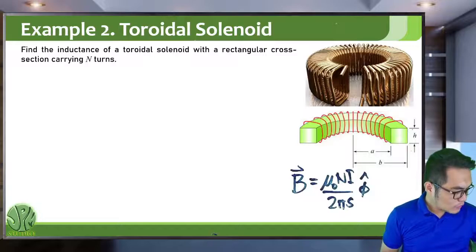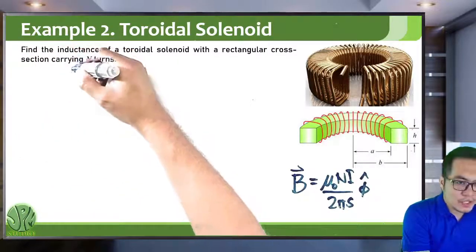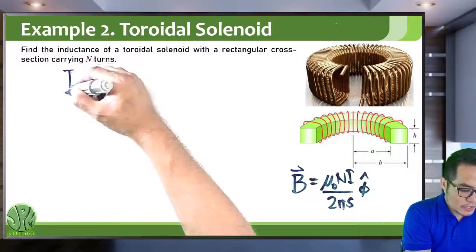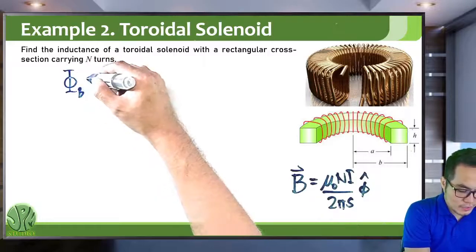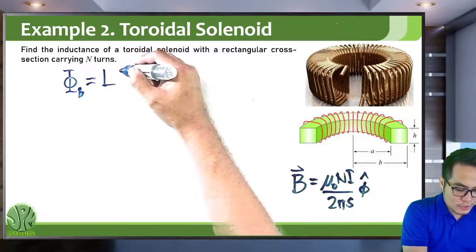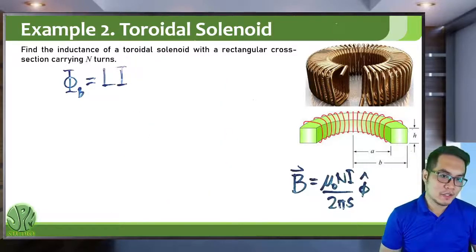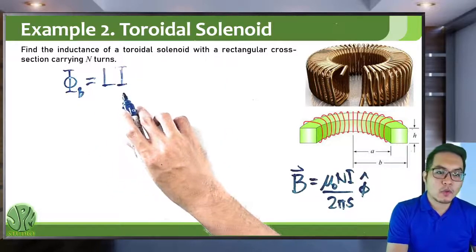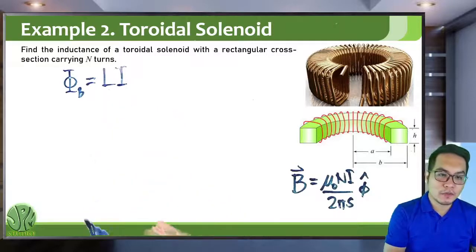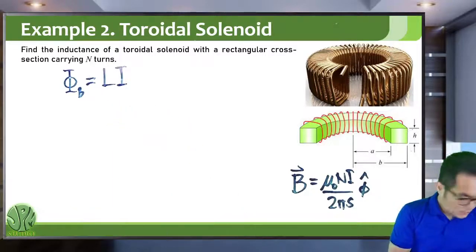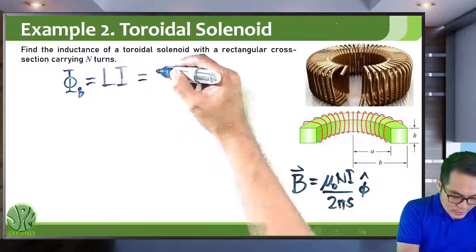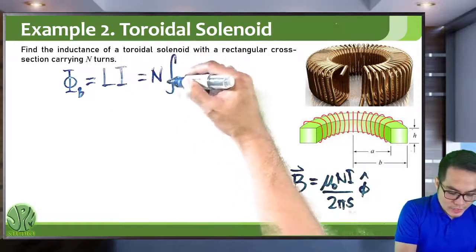One way to solve this, if you will notice, is that you can find the inductance if you know the flux. The flux on a self-induction is L times I. So if we know the flux, since we already know the current I, then we can solve for L. The flux in this case is just the number of turns times the integral of B dot dA.